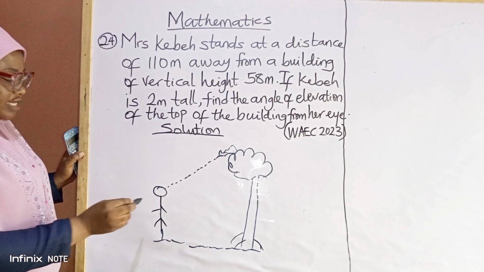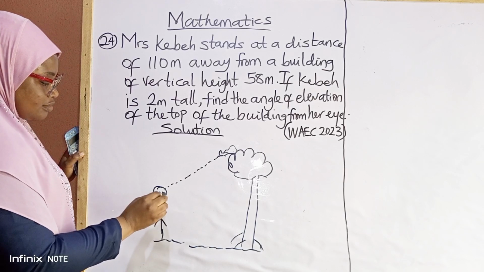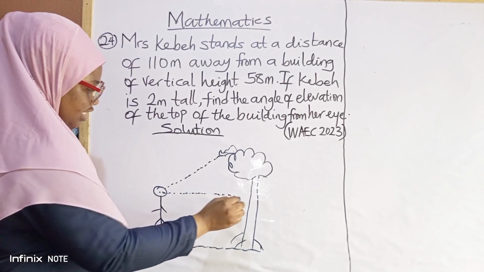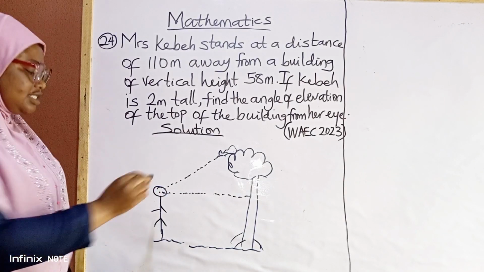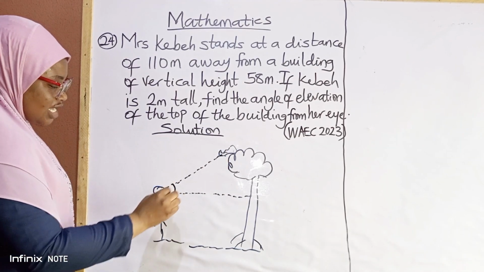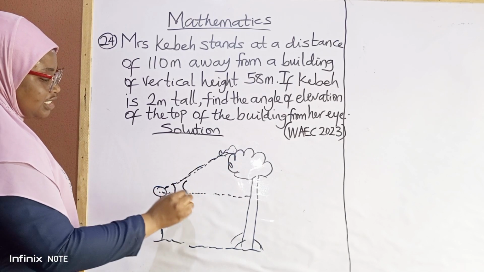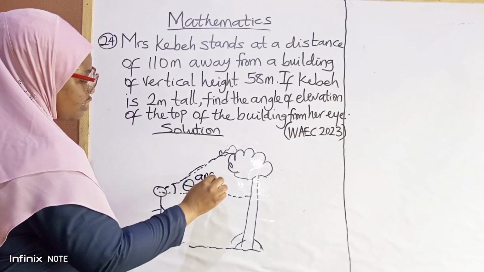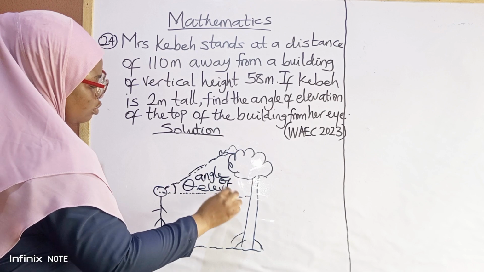You know that normally his eyes here are looking horizontal like this. But now when he looks up like this, the angle between this horizontal and when he looks up like this, angle theta, is called angle of elevation. This is the angle of elevation.